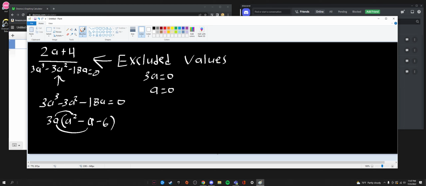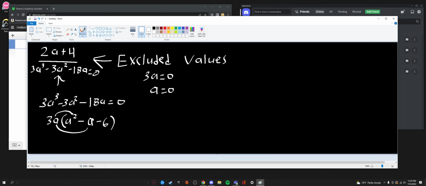Since this is a cubic, we have two more, assuming of course they're real values, and I've already done this so I know it is. So we now have a squared minus a minus 6, and we want to set this equal to 0. Through the quadratic formula, negative b, well, it's already negative 1, so we'll have 1 plus or minus the square root of b squared, which is still 1, minus 4ac.